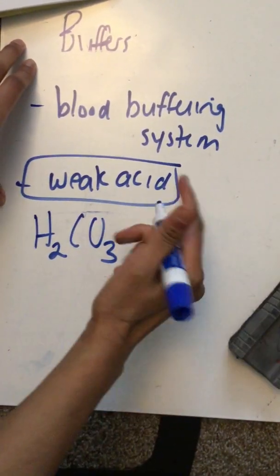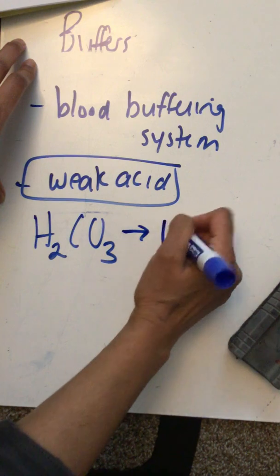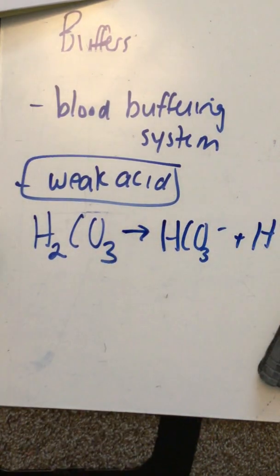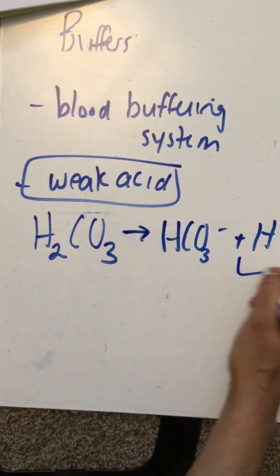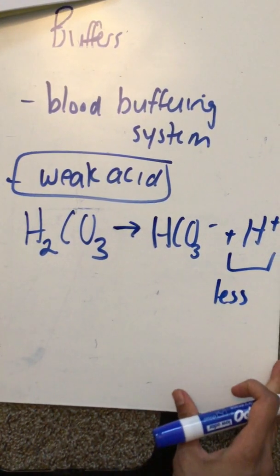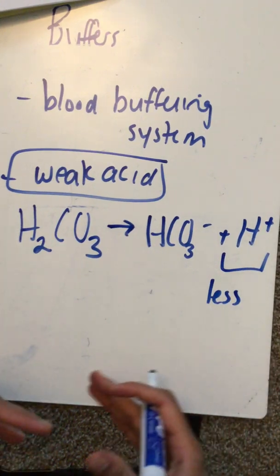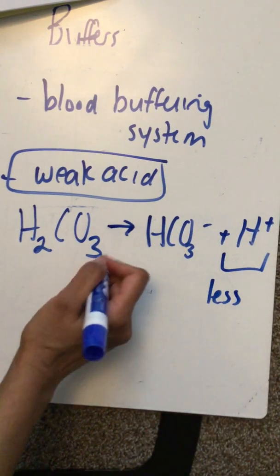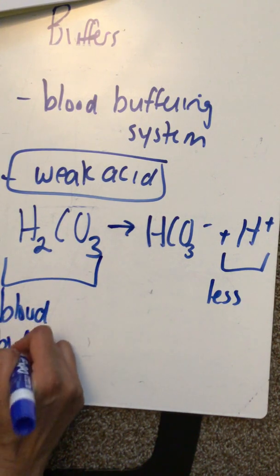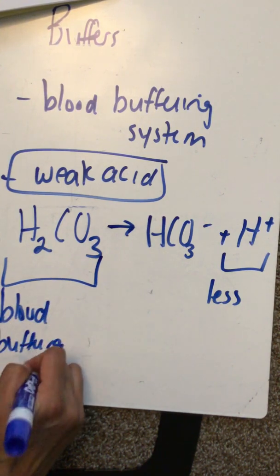H2CO3 can dissociate to form HCO3 negative plus H positive, right? And remember, it's going to produce less H positive. Remember H2CO3 is in your blood. It's part of your blood buffering system, right?